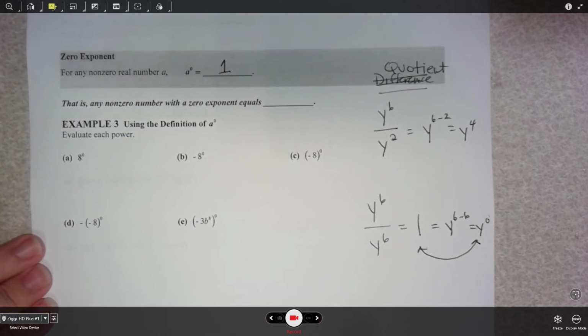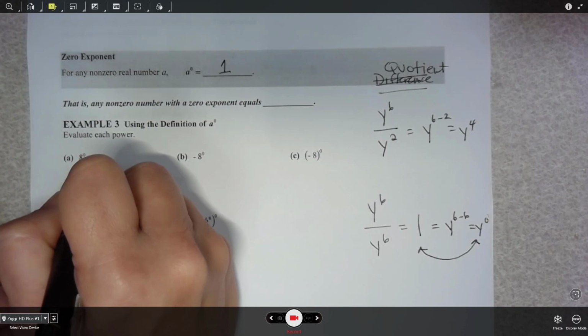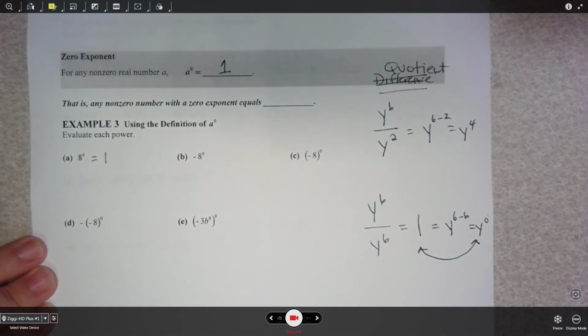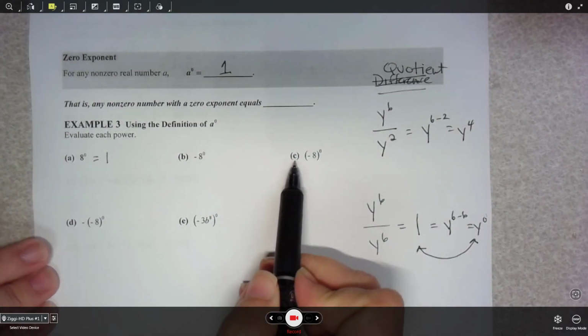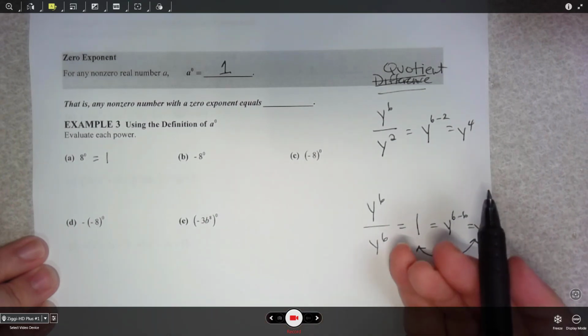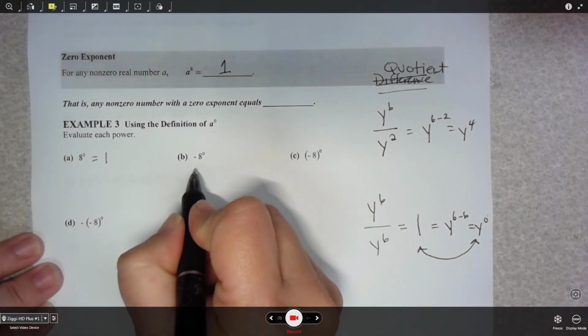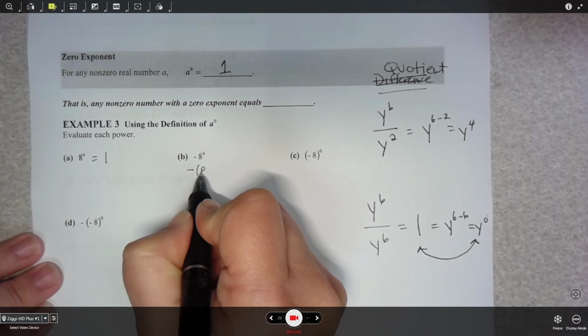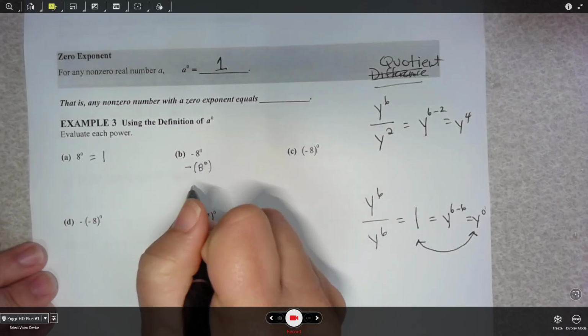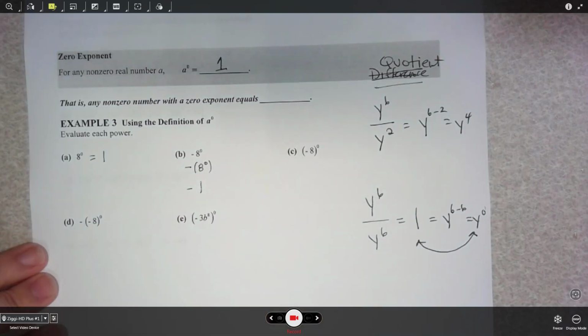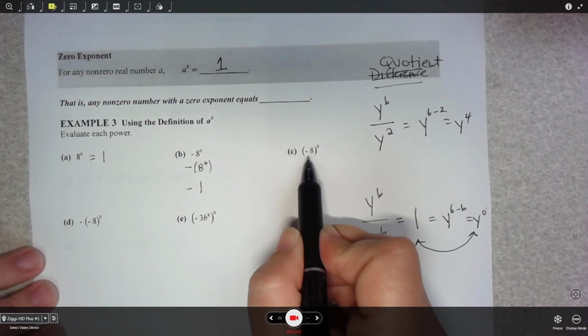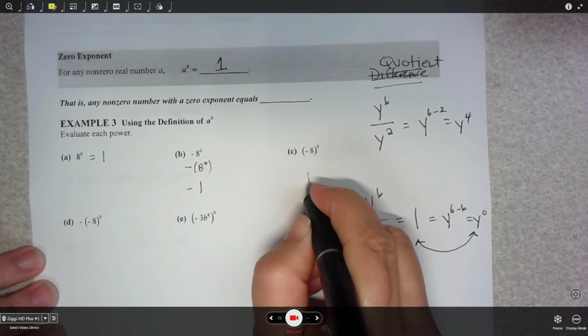So if we look at some examples, 8 to the 0 power would be 1. Now pay attention to B and C, because if you put those in your calculator, it sees this as the opposite of 8 to the 0 power, which would be negative 1. But here the calculator sees negative 8 raised to the 0 power, which would be a positive 1.